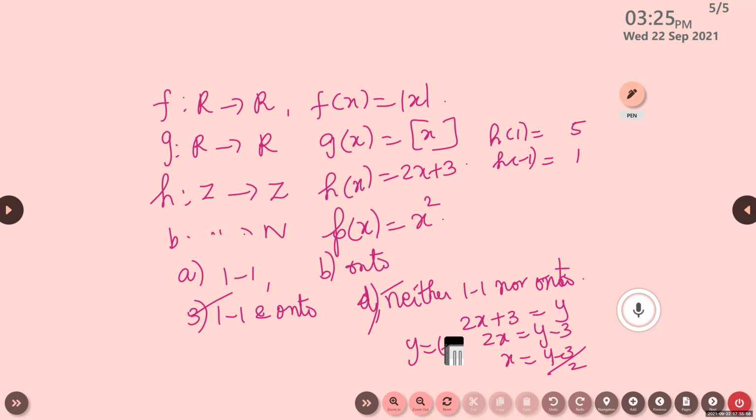Y is 6. When you substitute it here, what will you get? Shivani, when y is 6, what is the value of x?